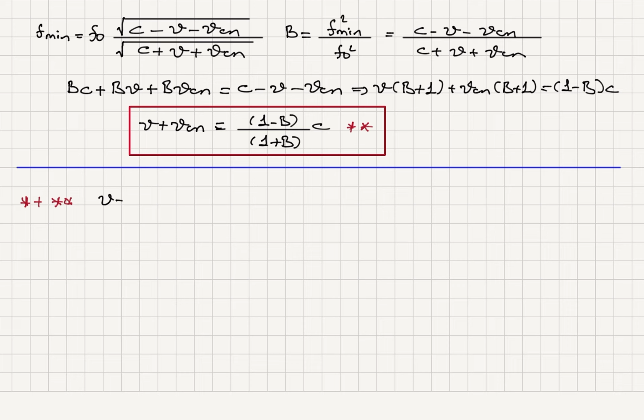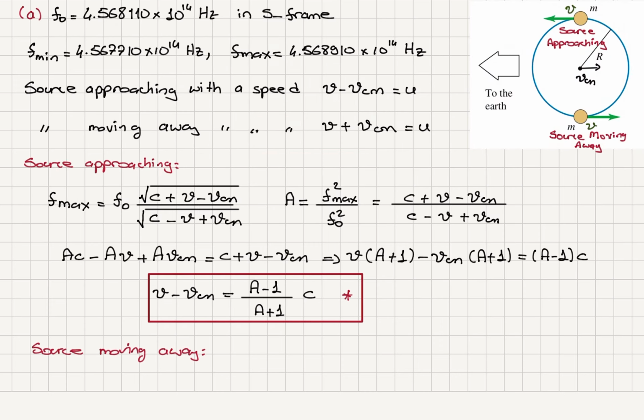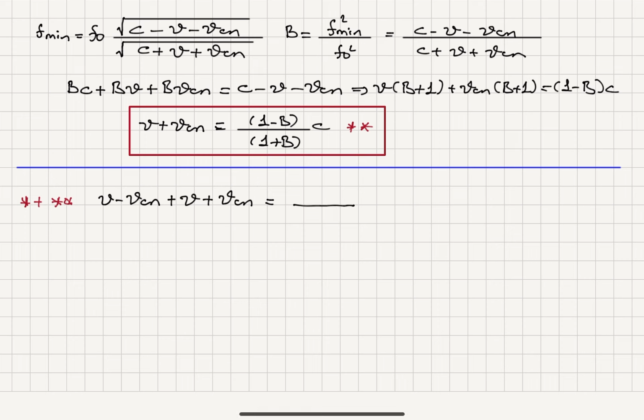This is equal to A minus 1 over A plus 1, plus 1 minus B over 1 plus B, multiplied by C. And V center of masses will cancel out.